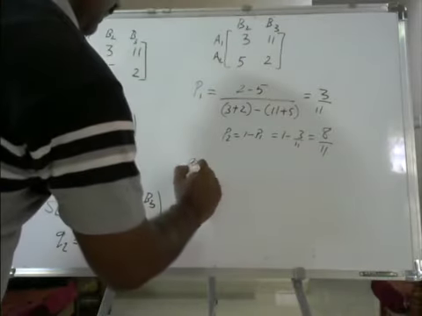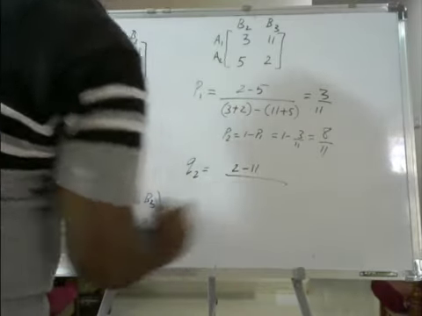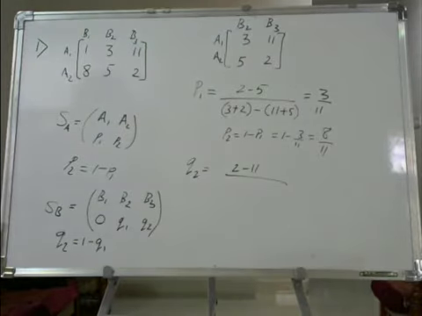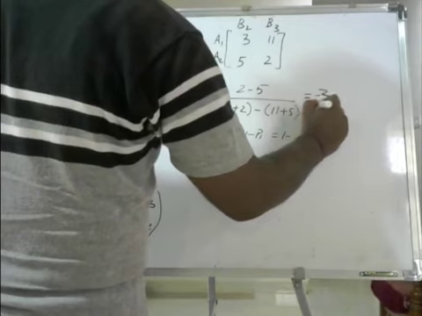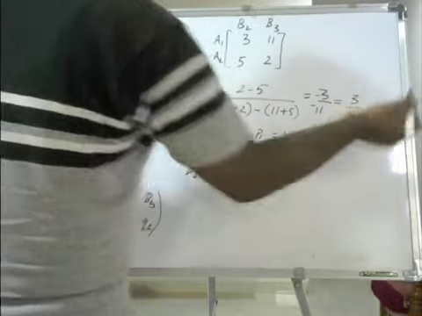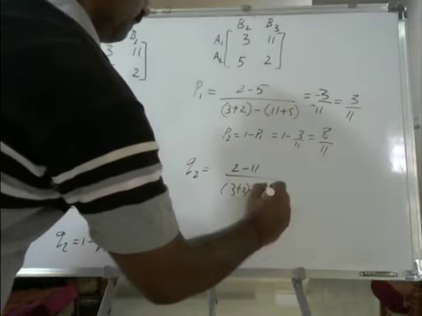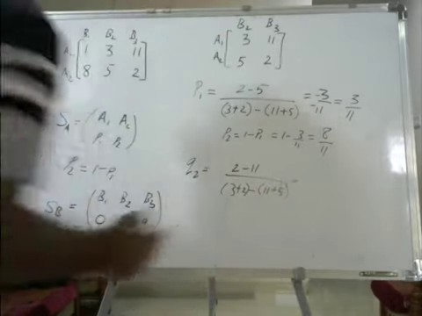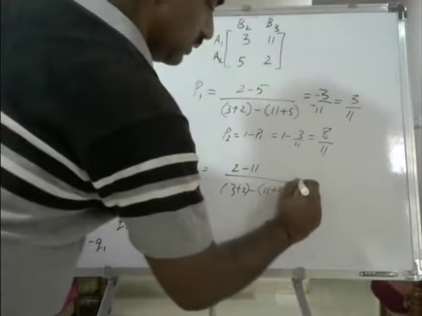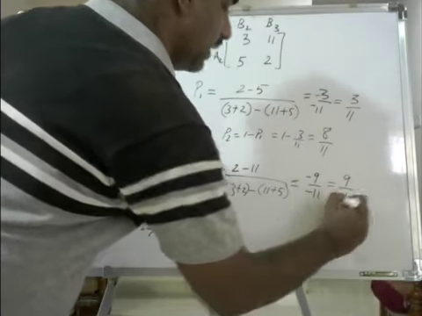Similarly, for Q1, you get minus 9 divided by minus 11, that is 9 by 11.